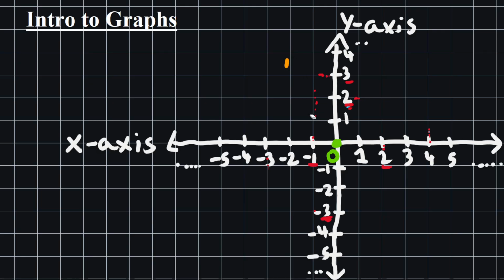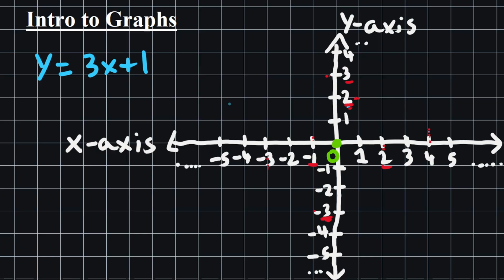Let's say we had this equation, for example: y equals 3x plus 1.